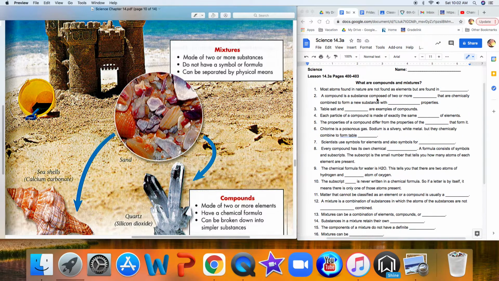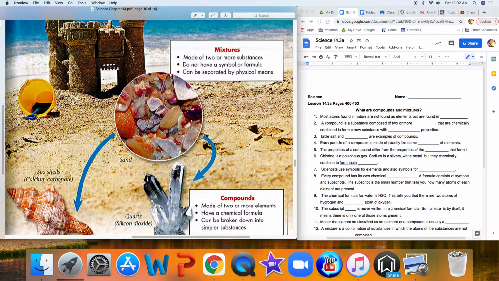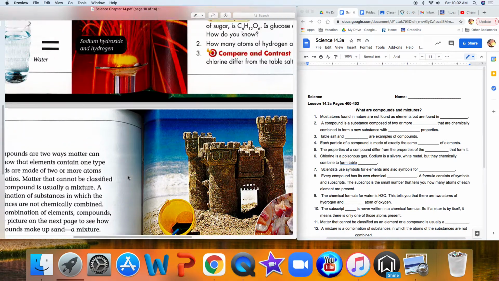Extra credit today, guys. I want you to write down this little guy right here. Quartz is silicon dioxide. That's extra credit number 1. If you want super extra credit, you go on the internet and you find the chemical formula for silicon dioxide. Remember, a chemical formula would look something like this, guys.